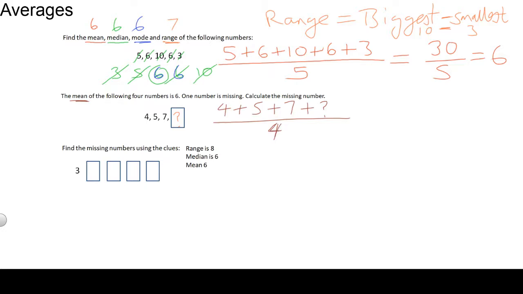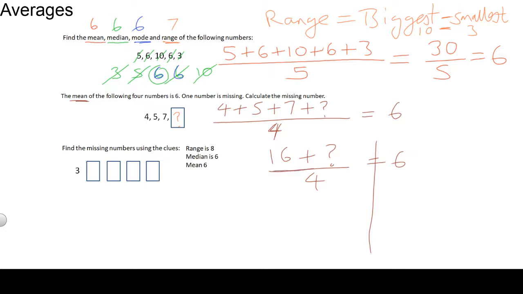Okay. So the mean is equal to 6. So now what I can do is simplify what's on the numerator of the fraction. Got 4 add 5 is 9, 9 add 7 is 16. Add something divided by 4 is equal to 6. Now I need to solve this equation.